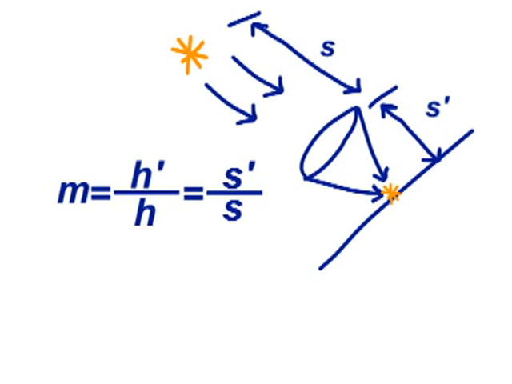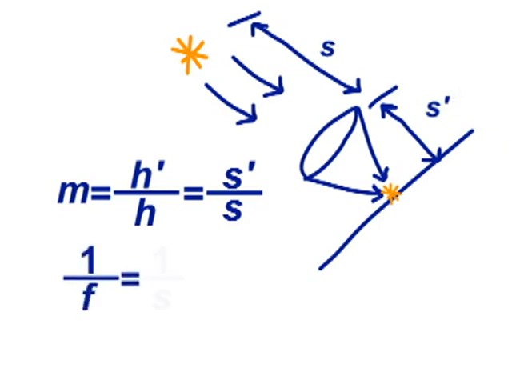But the easiest thing to change, if I'm going to change S, that's like changing the distance to the sun. That's hard. But I can change this one, S prime. And if I want the magnification to be small, I want S prime to be small. Okay? So I'm going to choose this and make this be a small number right here. Well, my relationship between F, S, and S prime looks like this.